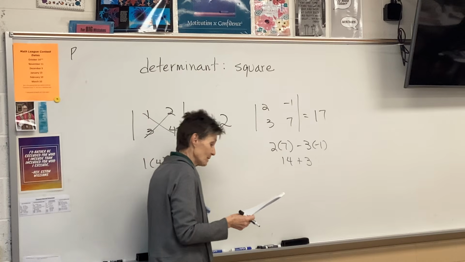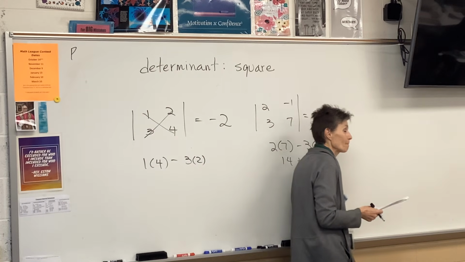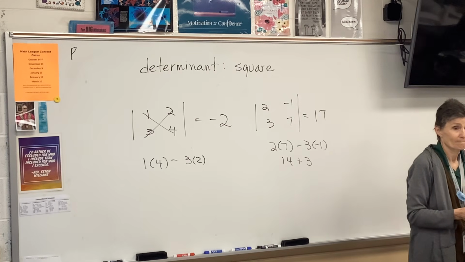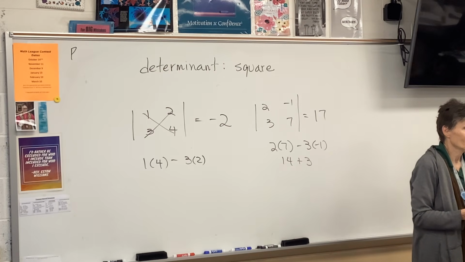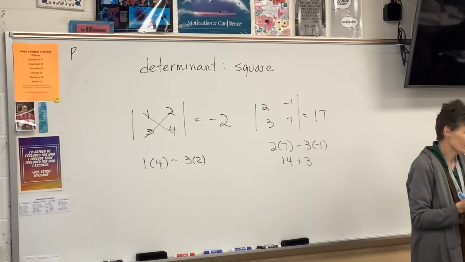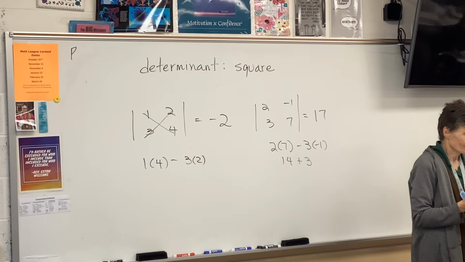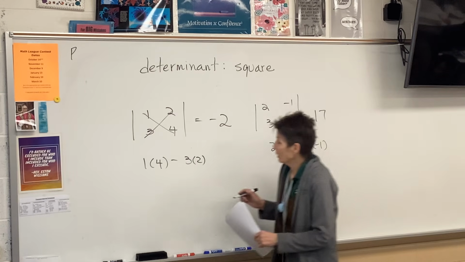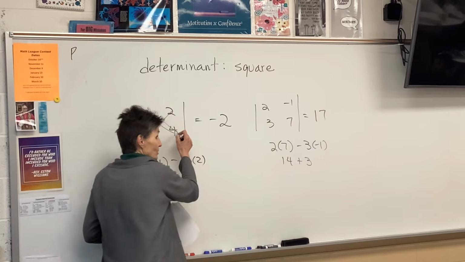How about C? Can you do C? What do you think the answer to C is? Negative 11. Remember, we always multiply this way first.